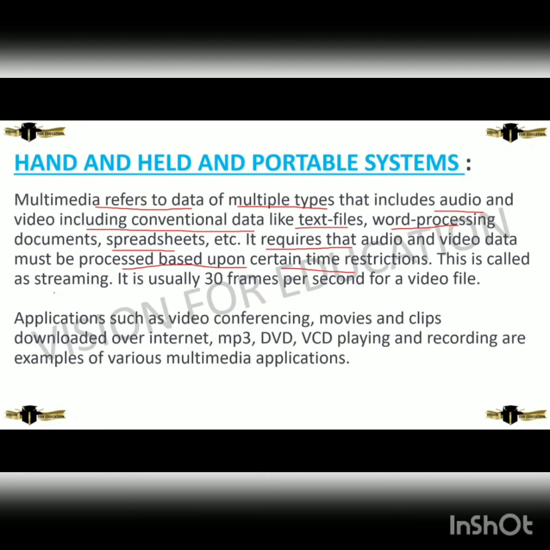This is called streaming. It is usually 30 frames per second for a video file. Applications such as video conferencing, movies and clips, downloads over the internet, MP3, DVD and VCD playing and recording are examples of various multimedia applications.